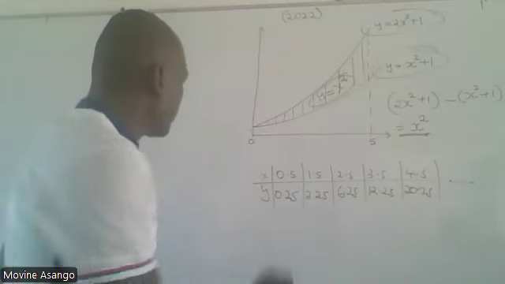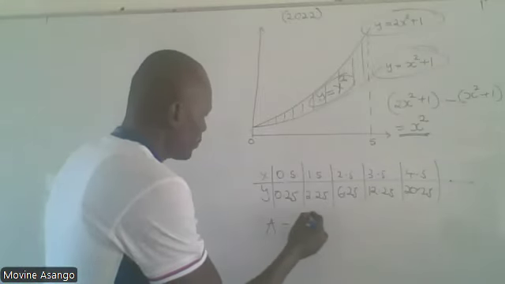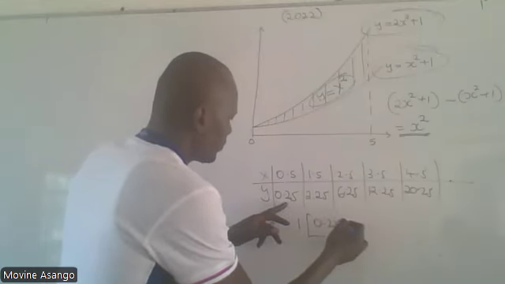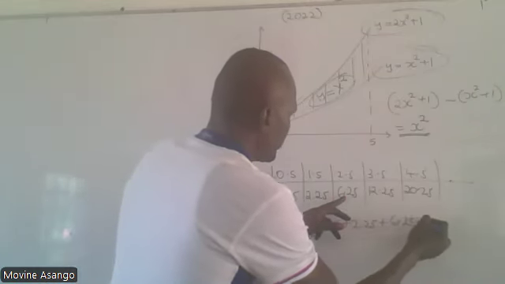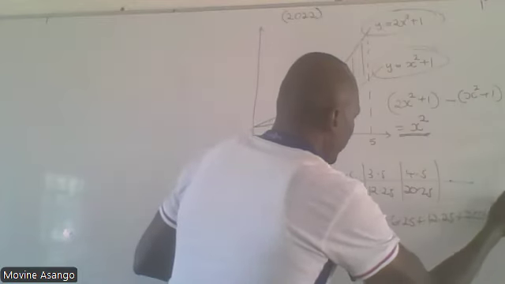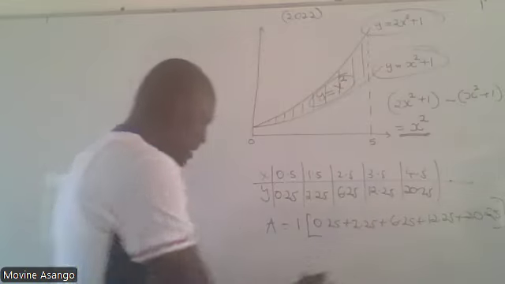And the method is simple. That area is equal to the width, which is 1, times the sum of the mid-ordinates: 0.25 plus 2.25 plus 6.25 plus 12.25 plus 20.25, close. And you get the answer.